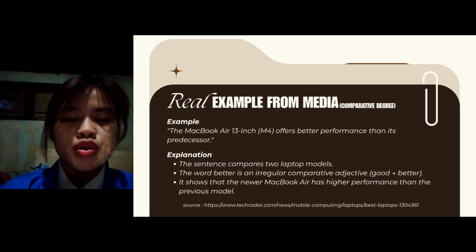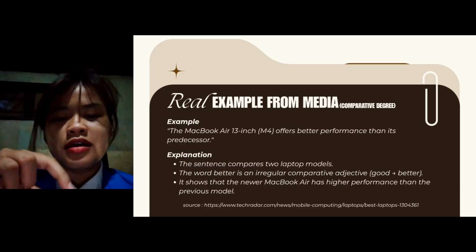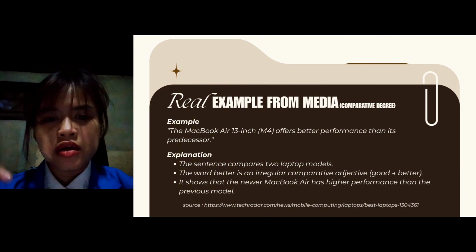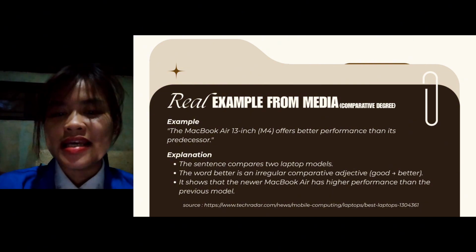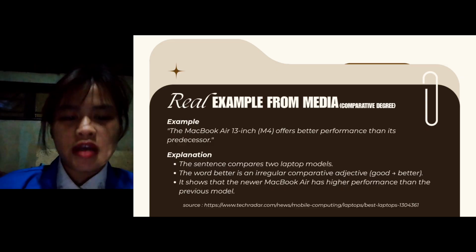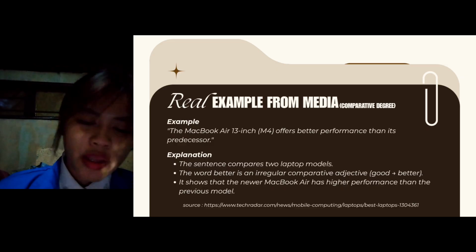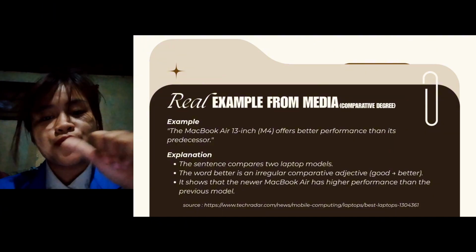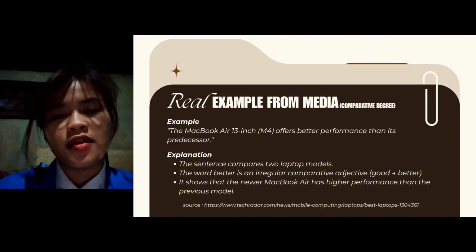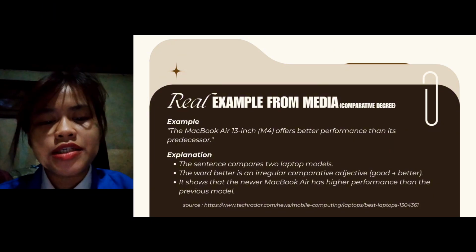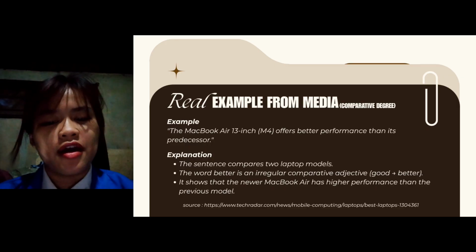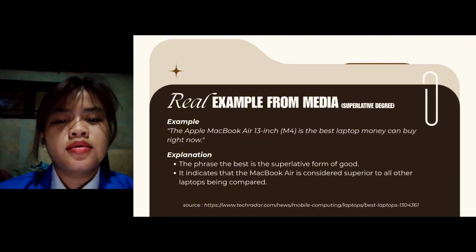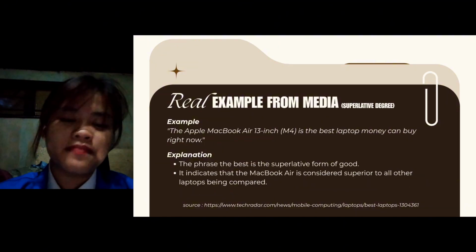The sentence compares two laptop models. The word better is an irregular comparative adjective: good, better. There is a different level in it. It shows that the newer MacBook Air has higher performance than the previous model. That's why it is comparative.